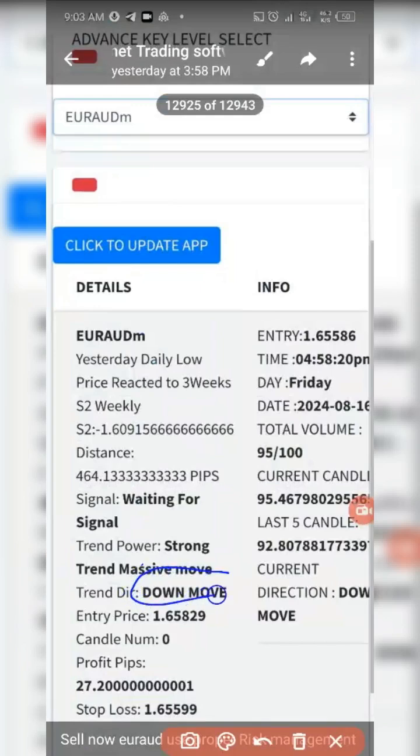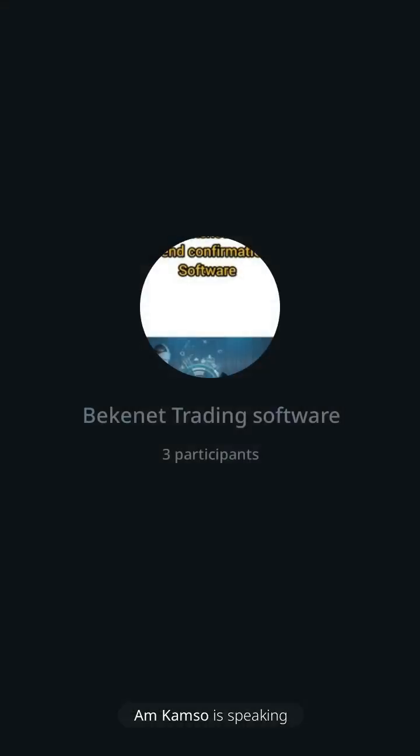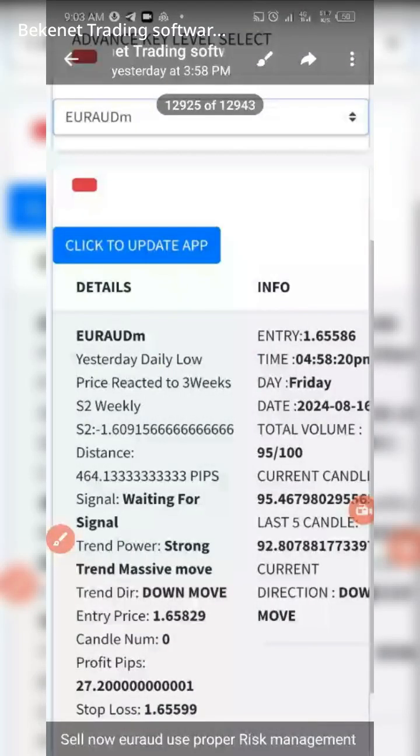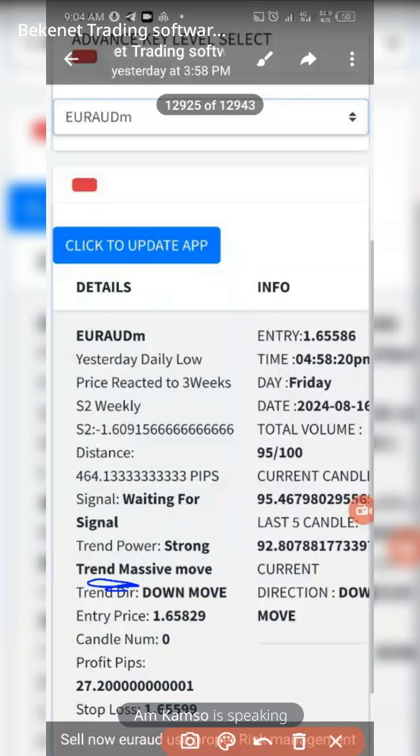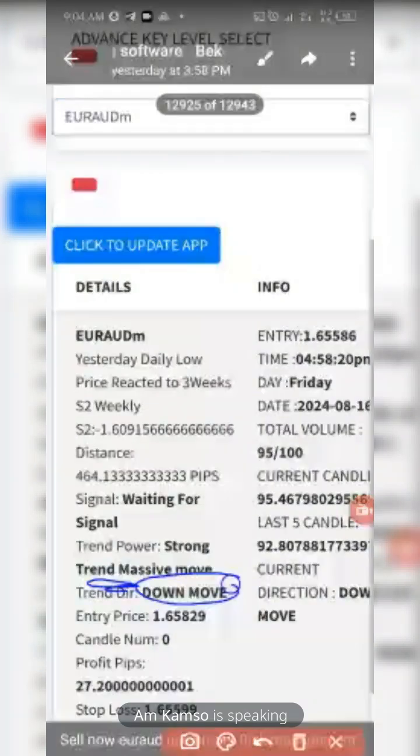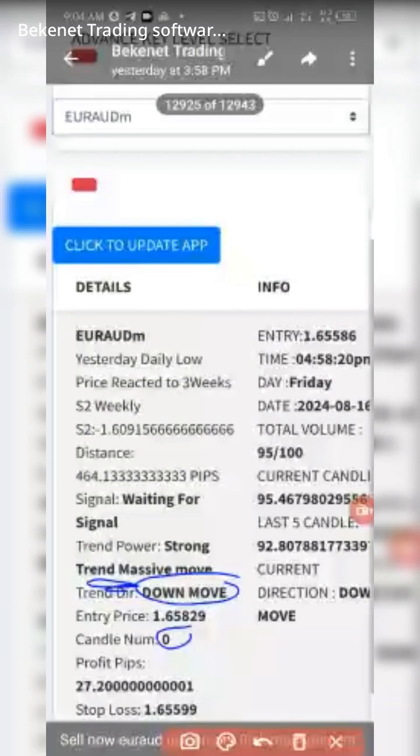The trend direction told us down move, number of candles 0, meaning that we are expected to sell. That trend direction is telling us down move, and the number of candles is telling us 0. That means the trend direction just started, so we're expected to take a sell.